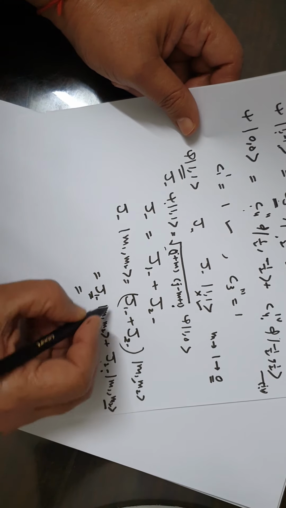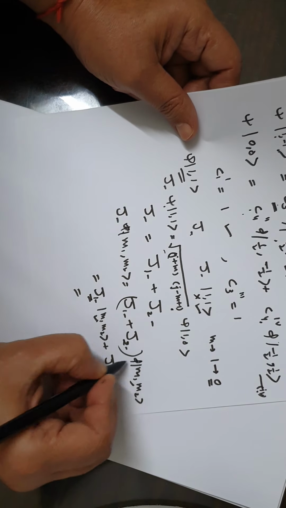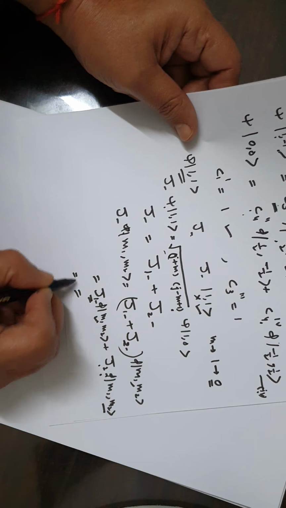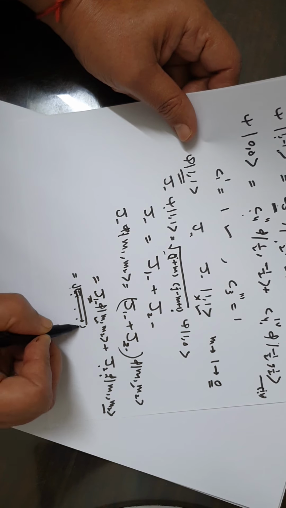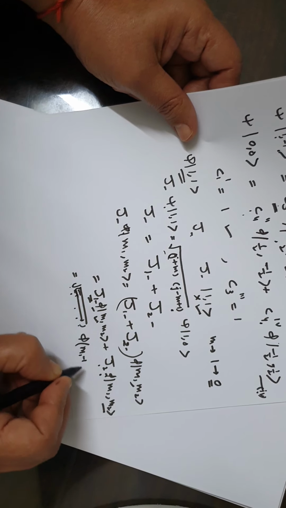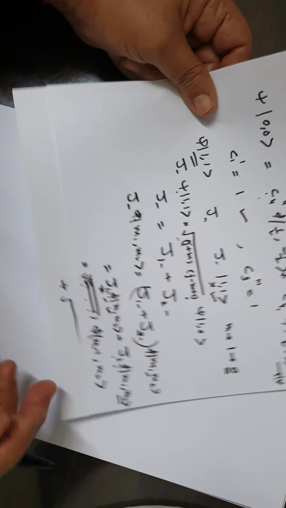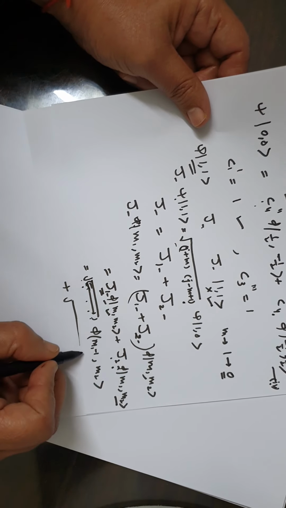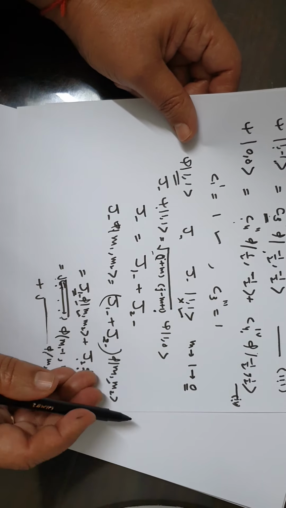That means, if I write it with phi, this phi state will become, along with the coefficient, under root j plus m into j minus m plus 1 into phi with m1 minus 1 and m2, and along with the coefficient j plus m into j minus m plus 1 into phi m1 and then m2 minus 1. So that is how it will act on the right hand side.